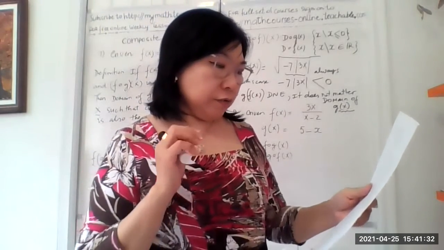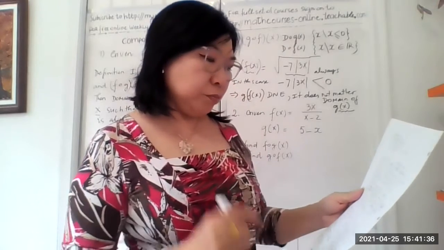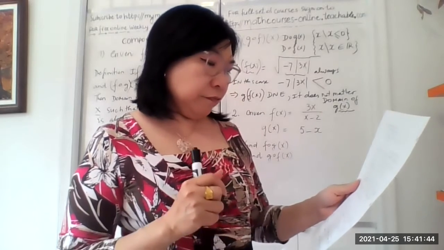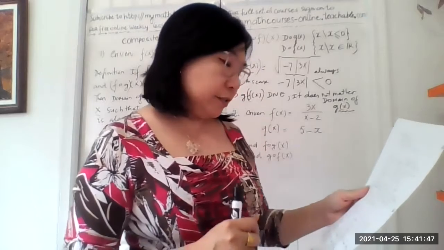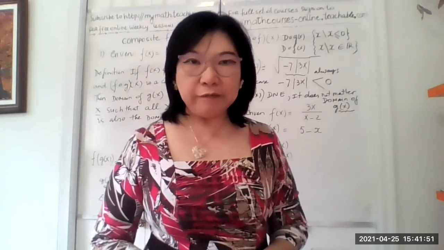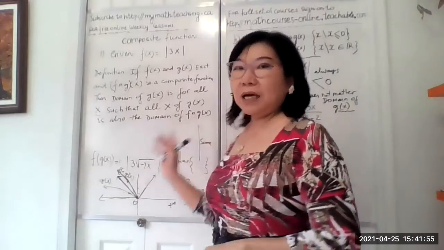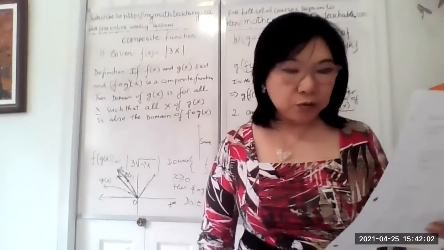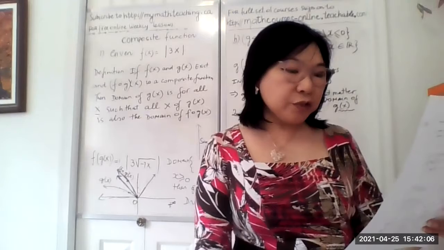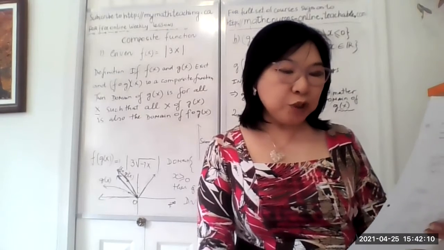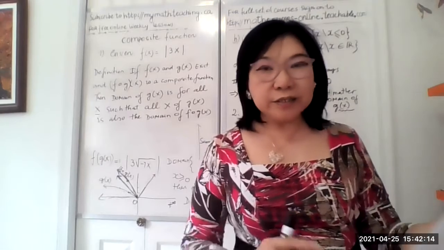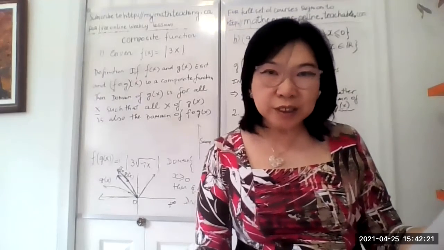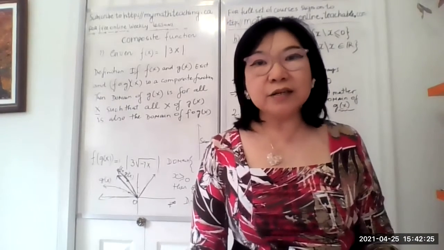For the composite function f of g of two functions, if f and g are defined by f of g of x, then for all x in the domain of g, such that g of x is in the domain of f.